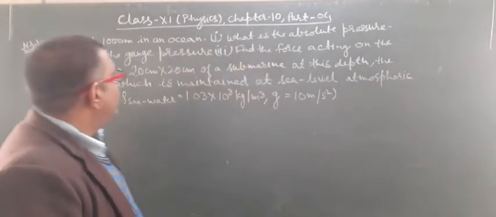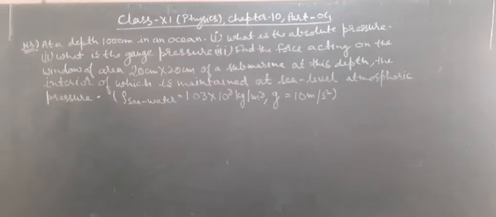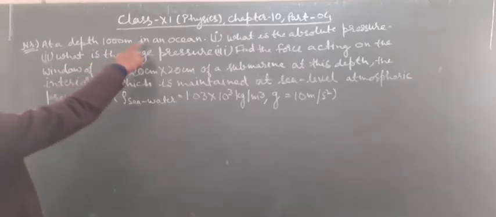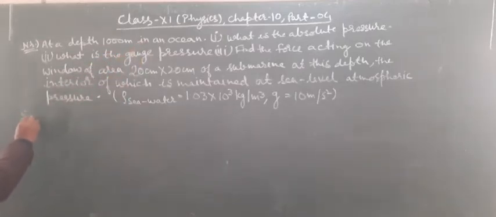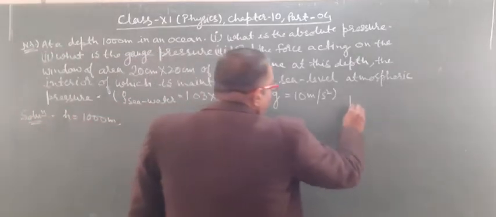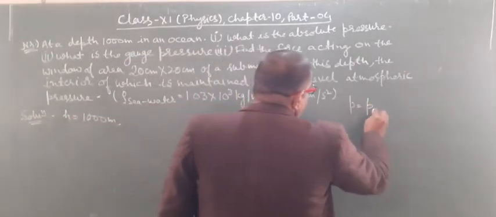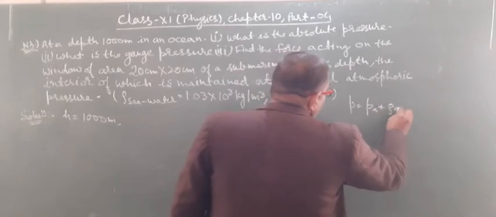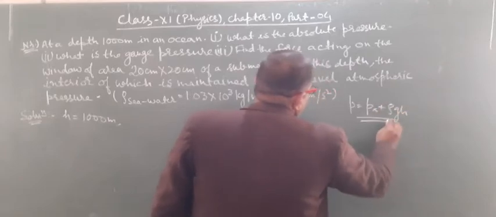Look at the numerical. At the depth of 1000 meter in an ocean. Students, depth is given, h is equal to 1000 meter. What is the absolute pressure? You have to calculate P. You know that absolute pressure P is equal to atmospheric pressure plus rho g h.